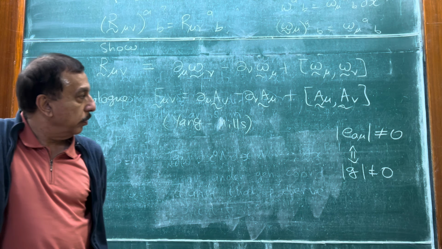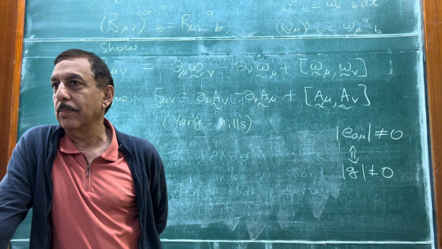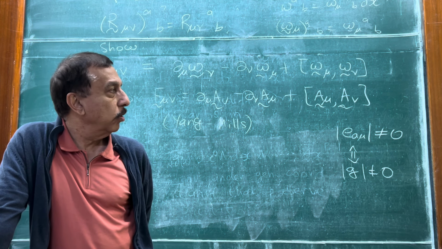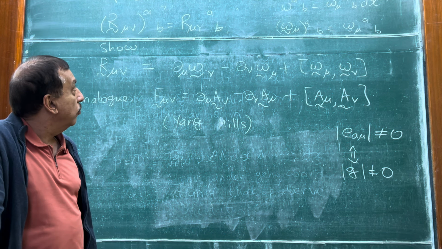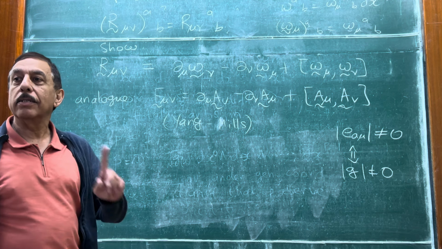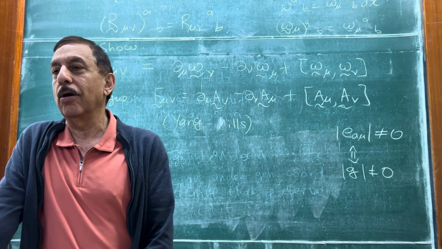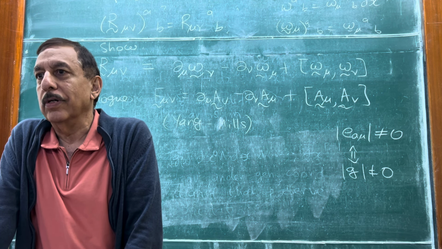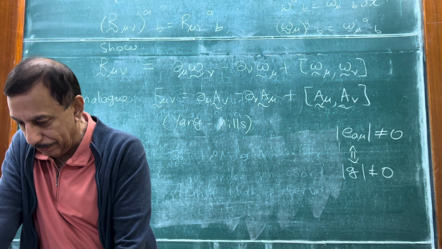Yeah, I'm not sure. Let me think about this. It doesn't seem right somehow. I don't think you can solve for E in terms of omega. Right. Omega is a derivative of E, so E cannot be a local function. It would be an integral of omega, so it won't be a local function. That's the problem. Exactly. Okay.